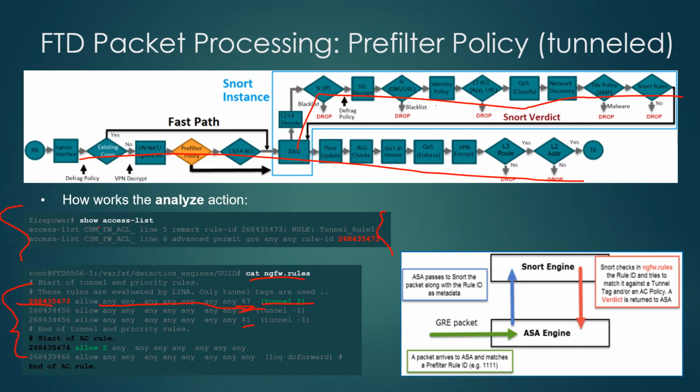Within the ISR routers, we can install some sort of virtual kernel, and then those ISR routers can work as a firewall. Not only a firewall, they can work as a next generation firewall. So there also the same type of flow is there. So if we understand this flow in one ASA firewall or in one next generation firewall, it will be true for all the firewalls.